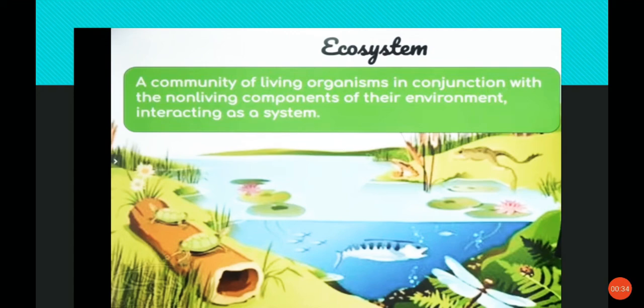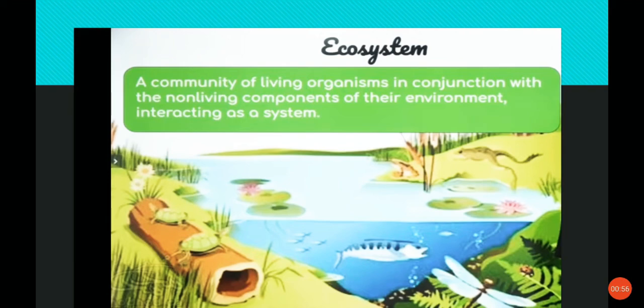What is an ecosystem? A community of living organisms in conjunction with the non-living components of their environment, interacting as a system. Ecosystem means interaction between living organisms and non-living components.